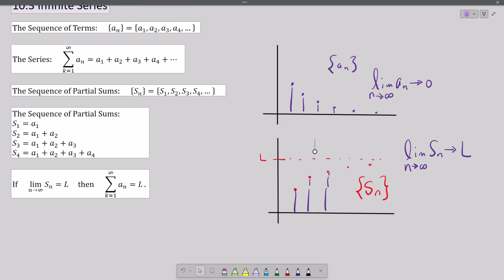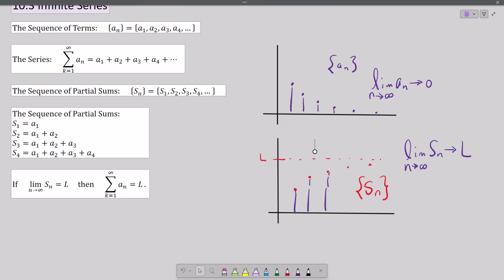Each pumping action increases the volume, and wherever it stops, that's going to be the limit. Eventually you're putting in so little air that you have a finite volume.